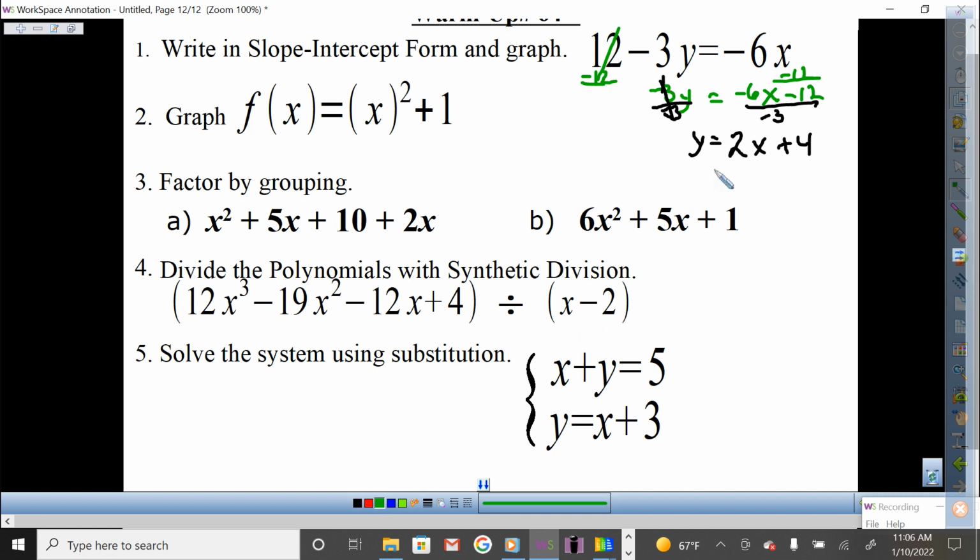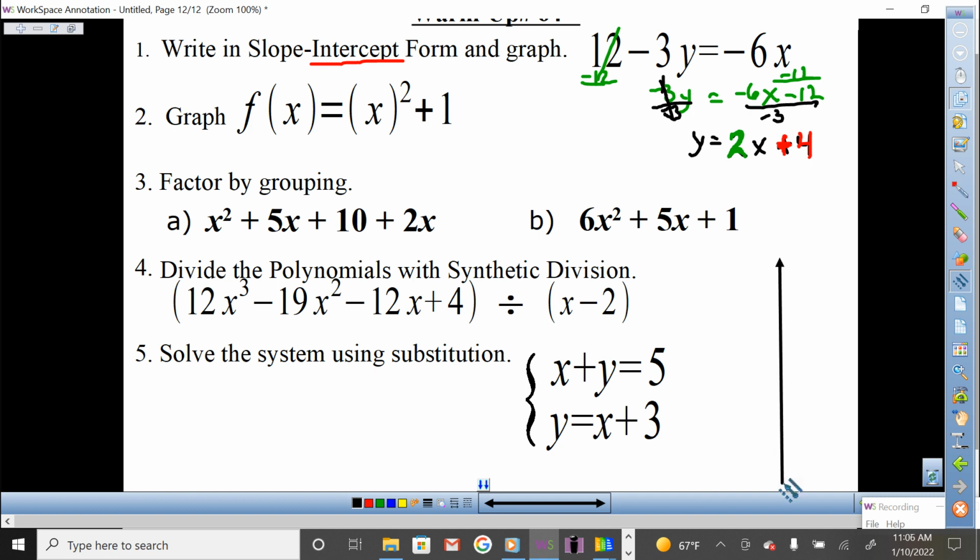That is slope-intercept form because the coefficient of x, which is the 2, is the slope, and the constant, the plus 4, is our what? Our y-intercept. Okay. Then it says to graph it. Let me graph it over here. So I have x and I have y.